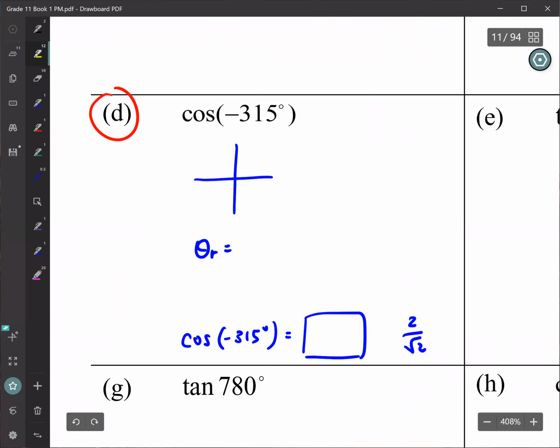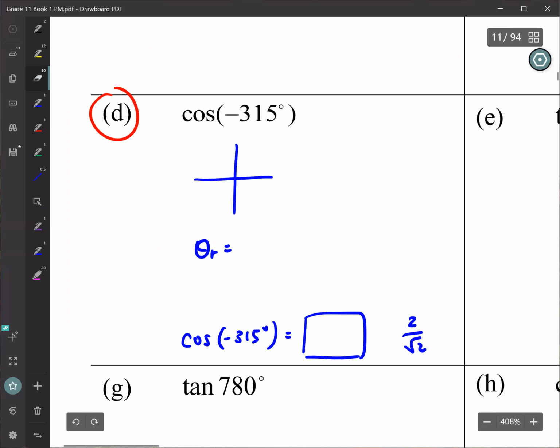Let's go back to question D. Do we have any different answers? Everyone got the same? Yeah, Elaine, what do you have? 1 over root 2.